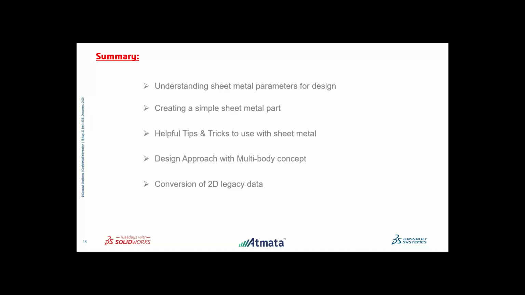So we saw the interference detection, the split body option, the fill pattern, the G tool, and the part reviewer. These are some of the options which will help you a lot in your day-to-day work.